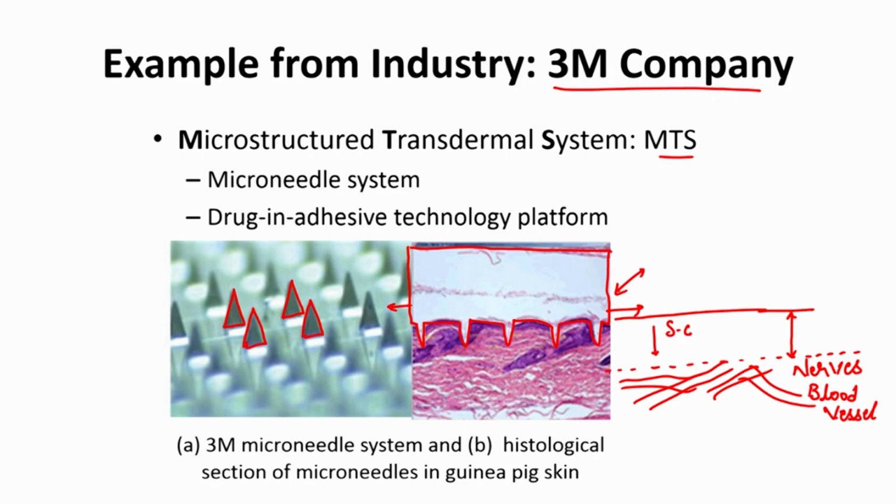And so, if I design a needle which only comes up to these regions and does not go beyond this, what I am essentially doing is I have traversed this mortar layer. The mortar layer is this. I have traversed this mortar layer which is the major blockage for delivering things.